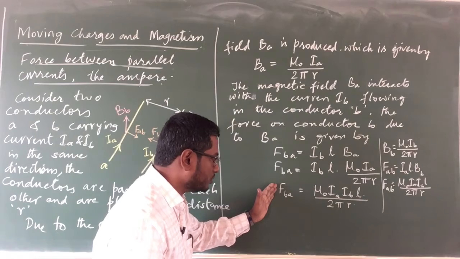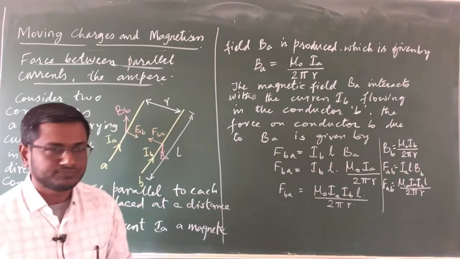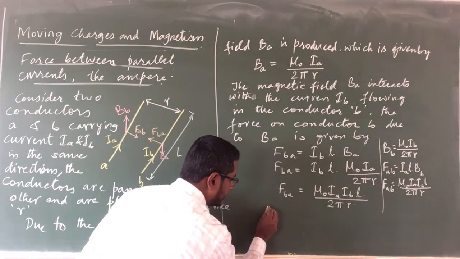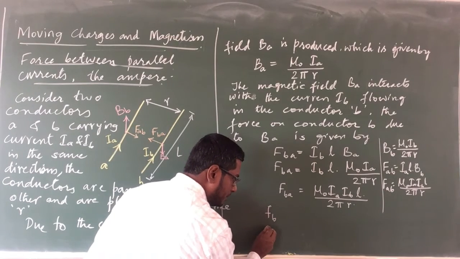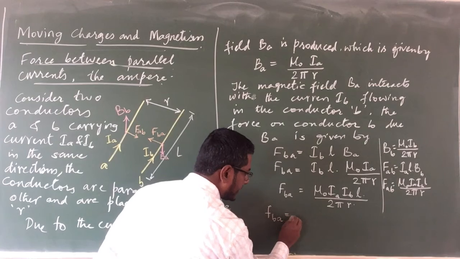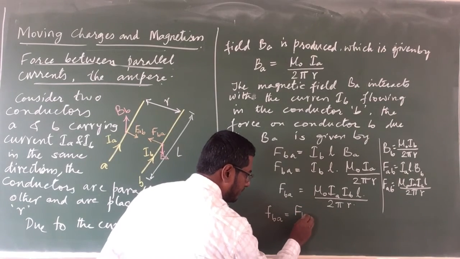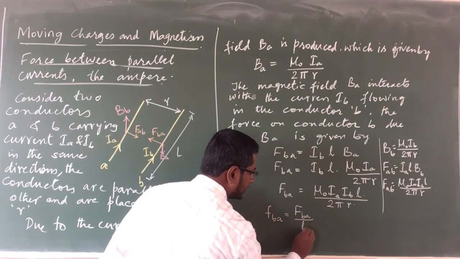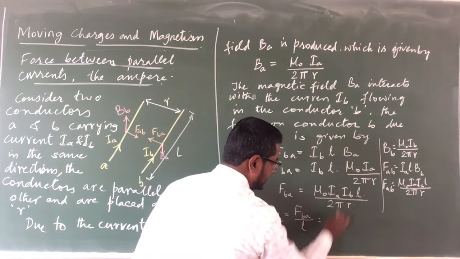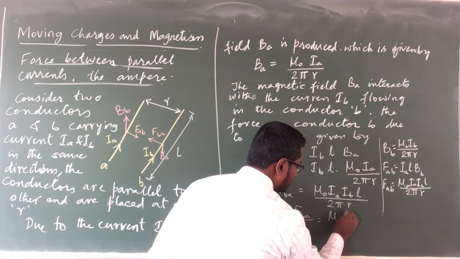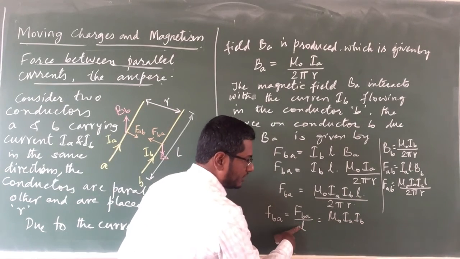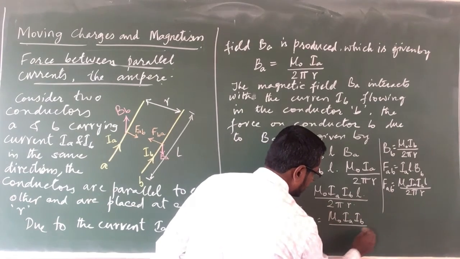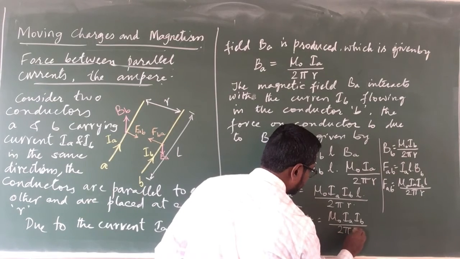Now divide this force by this length L. For that, I will take it as small letter f, that is the force on B due to A. So this I can write as capital F_BA divided by L. If I take this on the right hand side, it is going to become mu naught I_A I_B, and there is an L in the denominator, that L will be cancelled, so it is going to be 2 pi r.